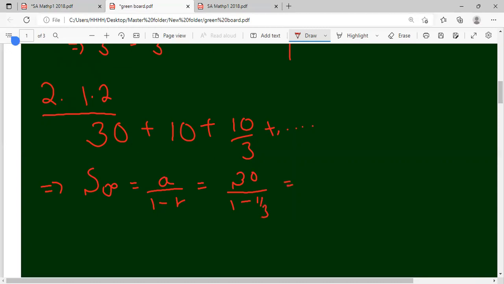This is equal to 30 divided by 1 minus 1 over 3, which is 30 divided by 2 over 3.